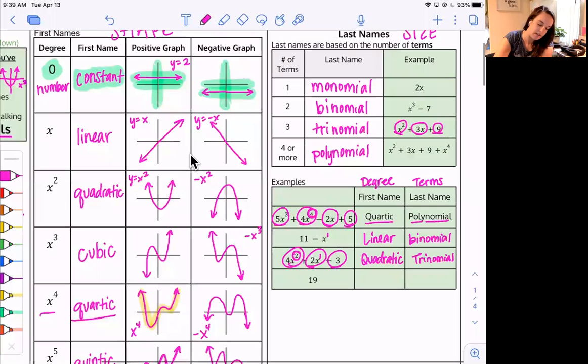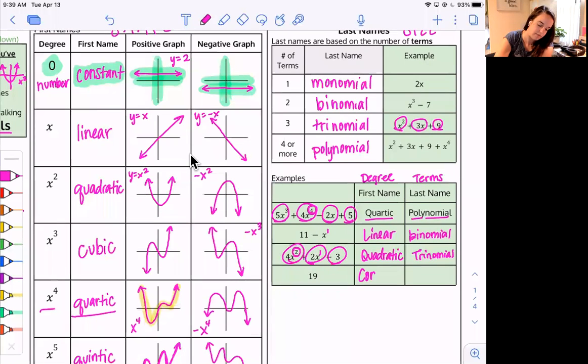So this one, our first name is constant. And then how many terms are there? Its last name, yes, is monomial. It has 1 term, monomial. So this is a constant monomial. Oof, they have weird first names and last names, but it's pretty cool, huh?